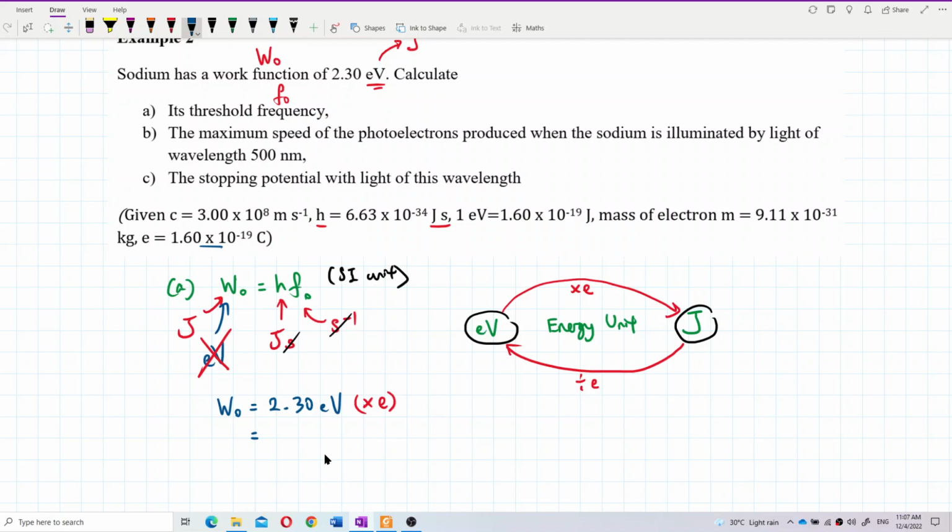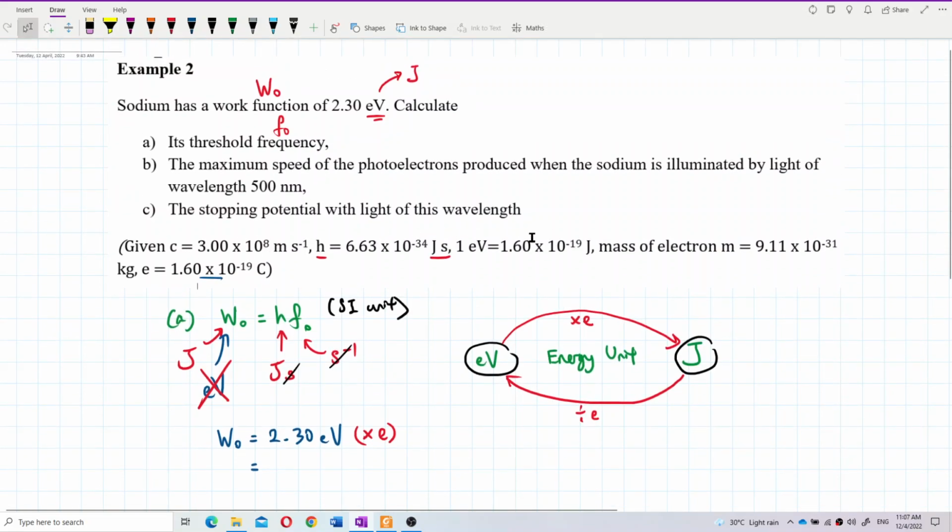The electron charge is 1.6 exponent negative 19 coulomb. You can find all these values in the list of constants provided in the exam, including the electron charge, 1.6 times 10 to the negative 19 coulomb.